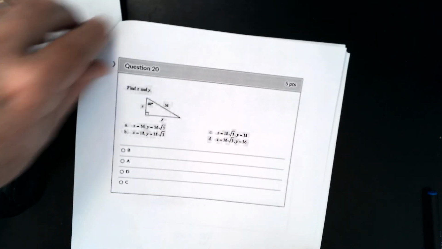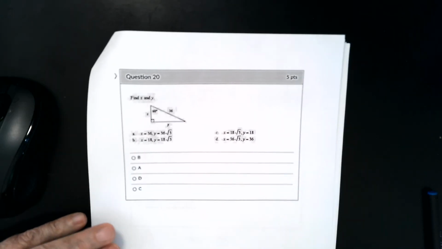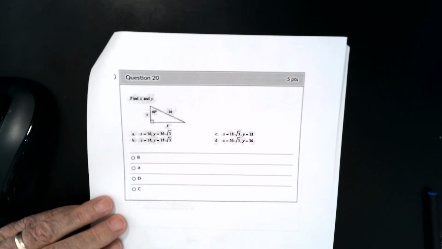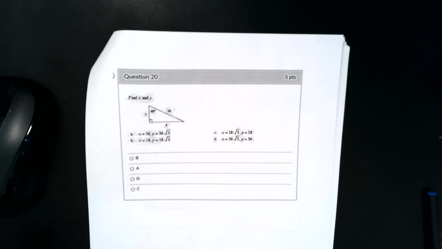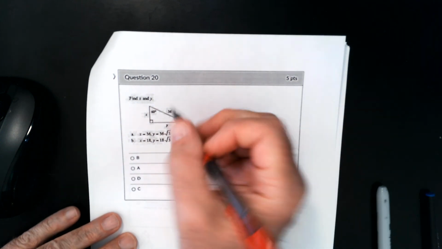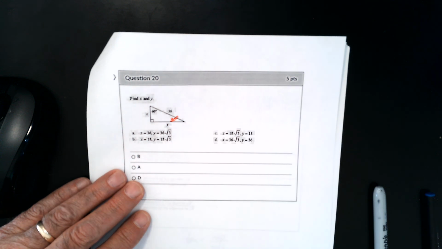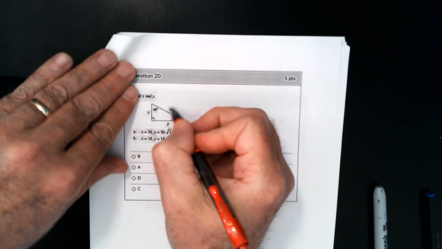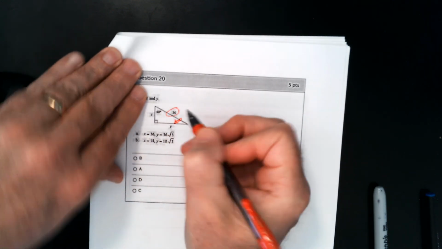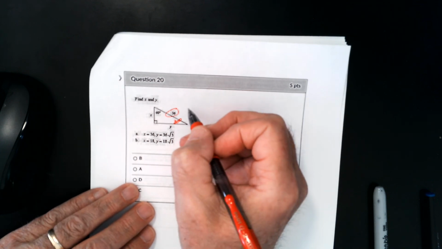All right, and last one, question 20. Wants us to find x and y. Well, I hope I can be a little smarter this time than I was last time. It's hard to know, though. All right, so there's a 30, a 60, and a 90. Well, what we're given is 36. That's the hypotenuse.